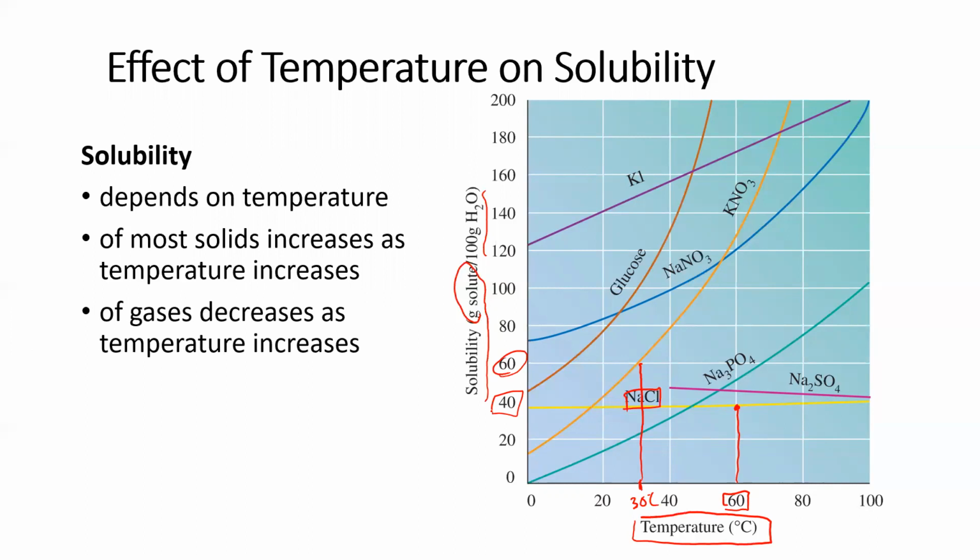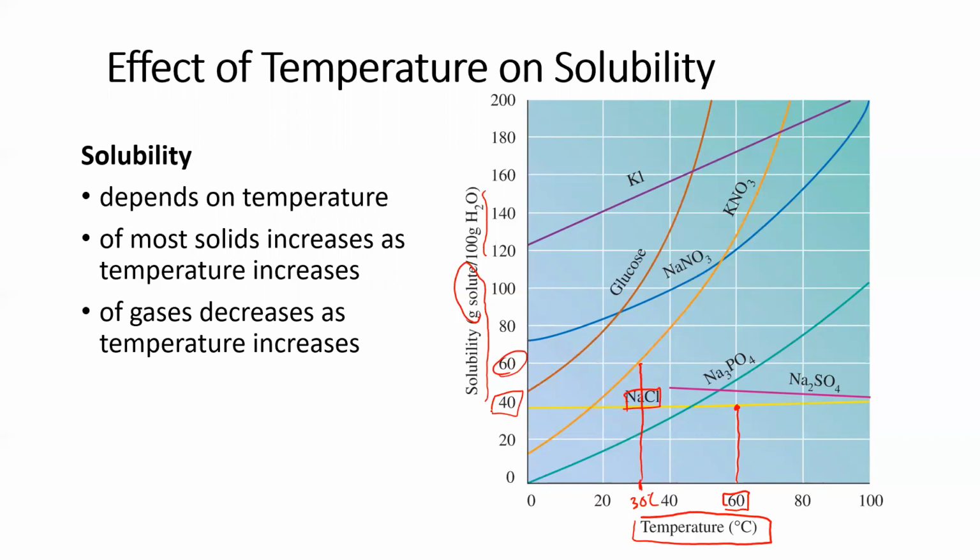Now, for gases, solubility actually decreases as temperature increases. And why is that? A lot of people don't realize that gases already have a ton of kinetic energy. They're moving around fast and they have very low solubilities to start with. Okay, you can't get a lot of gas to stay in water.